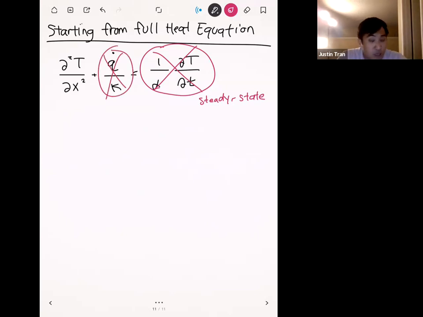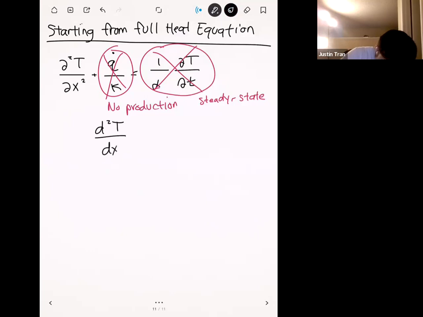The other assumption is no production, which means we can cancel out that term. After performing those cancellations, we're left with just d squared T dx squared is equal to 0.